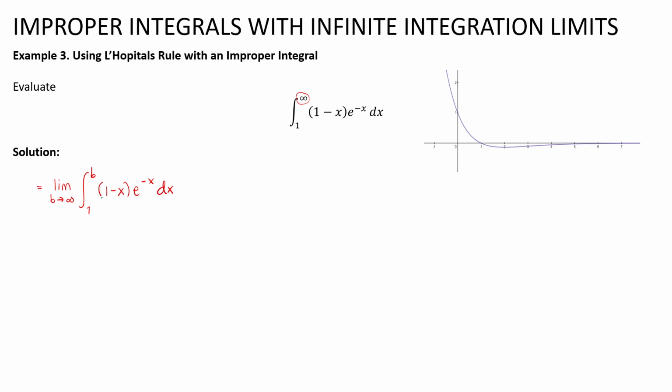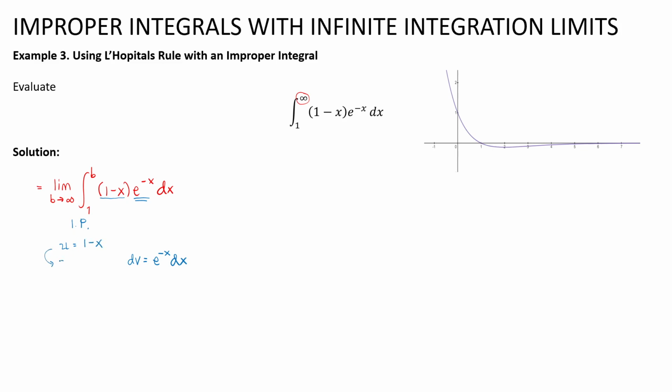Since this one is algebraic, the other one is exponential, you're going to be using integration by parts. So let u be the simple variable. Let dv be the complicated term but can be integrated. So the complicated term is e raised to negative x dx. Then the simple term is 1 minus x.